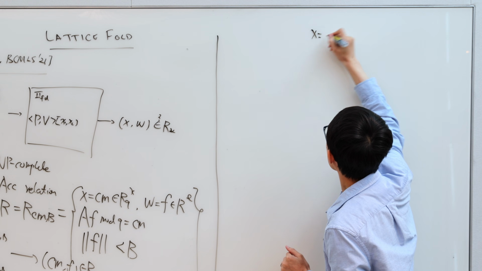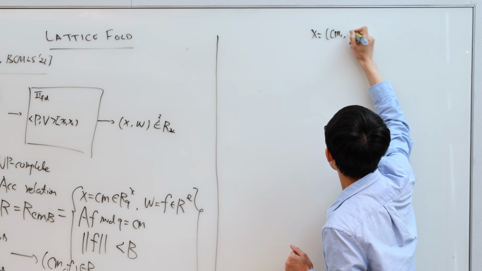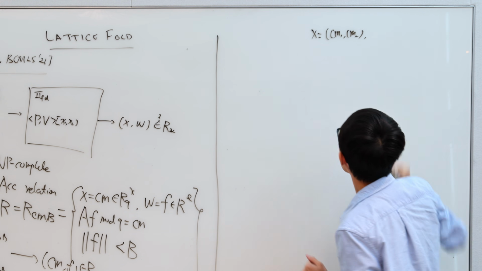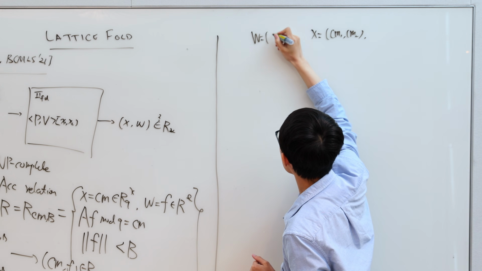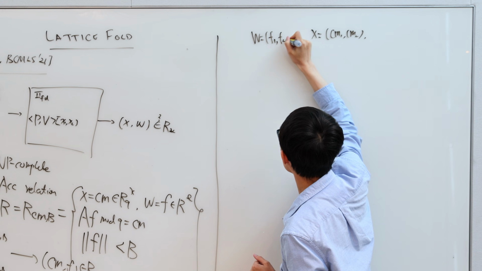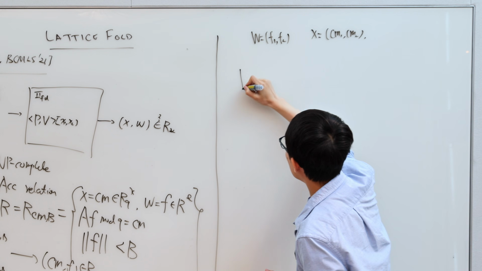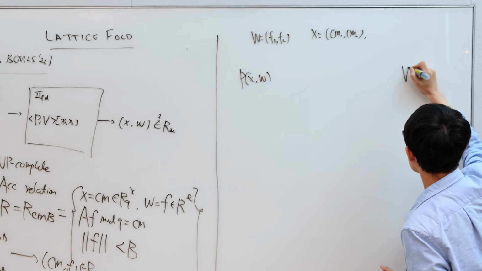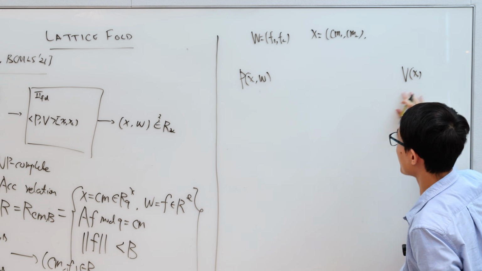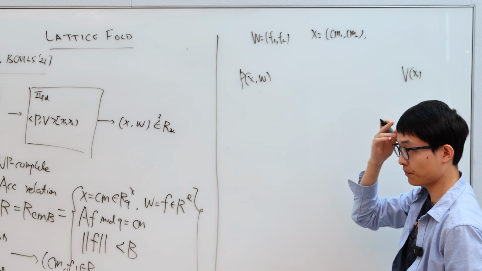The instance consists of two commitments, CM1 and CM2, and the prover also knows the corresponding openings F1 and F2. The prover knows instance and witness, and the verifier knows the instance and wants to check the prover knows the corresponding witness.